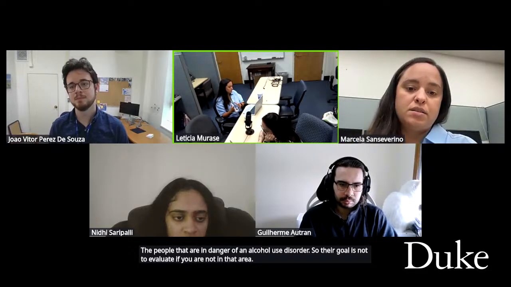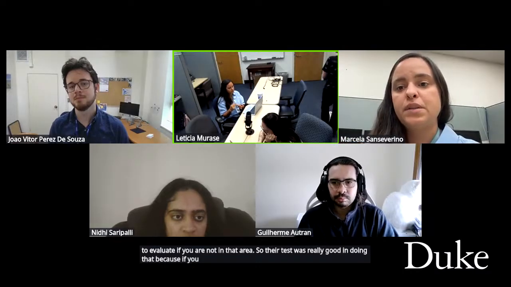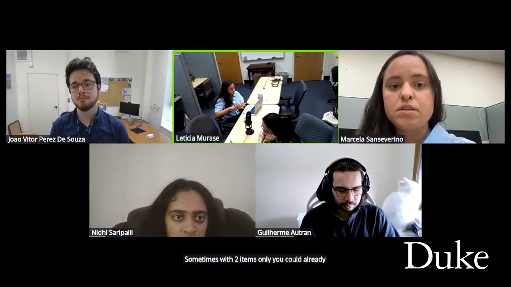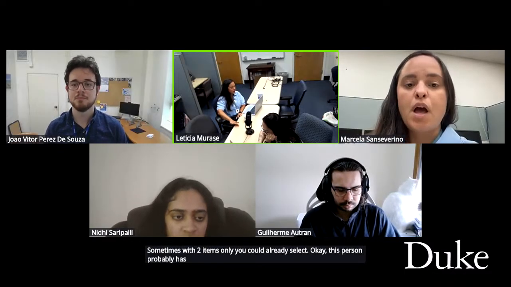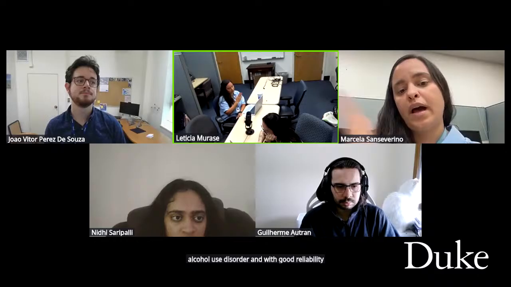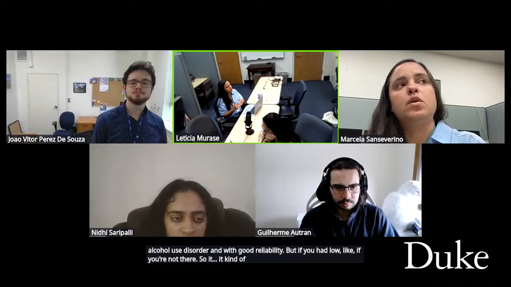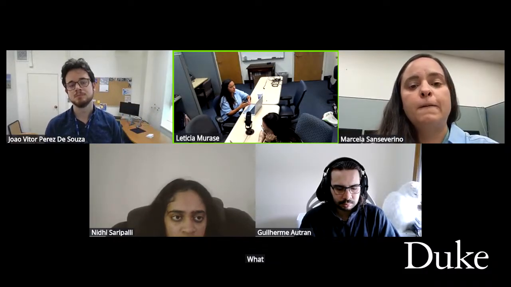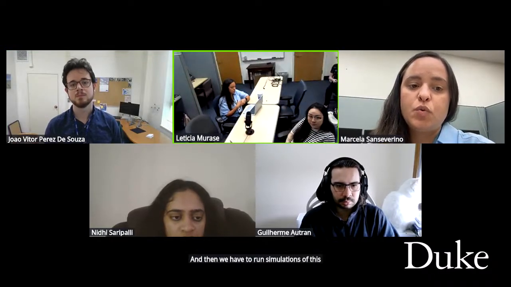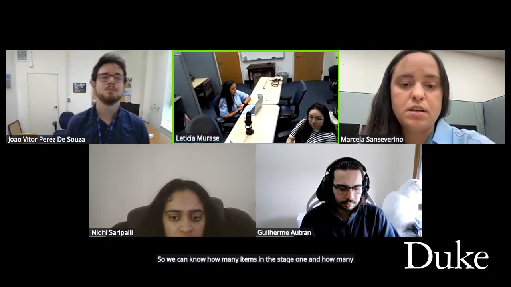Their test was really good at doing that, because if you see on the graph, sometimes with only two items you could already select, okay, this person probably has alcohol use disorder, with good reliability. But if you're not there, it depends on what we want to achieve, and then we have to run simulations so we can know how many items in stage one and how many tests in stage two.